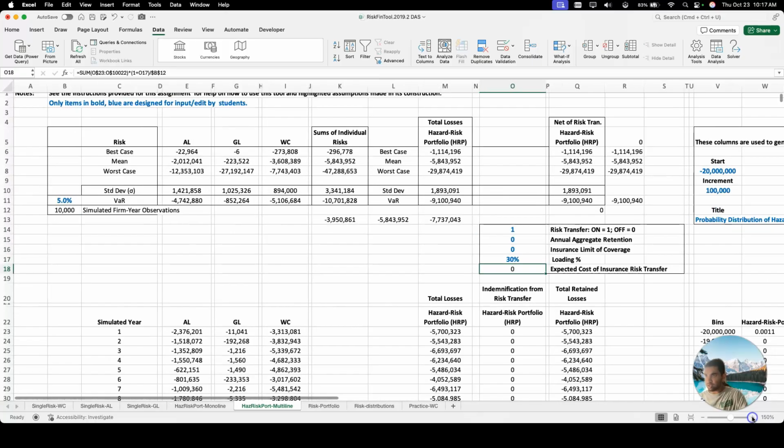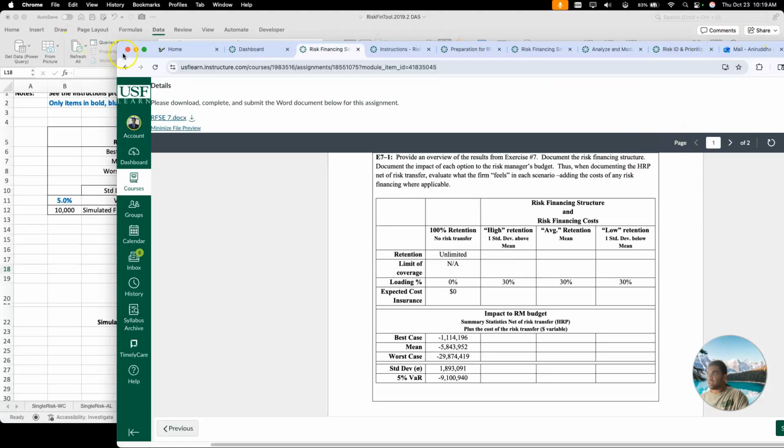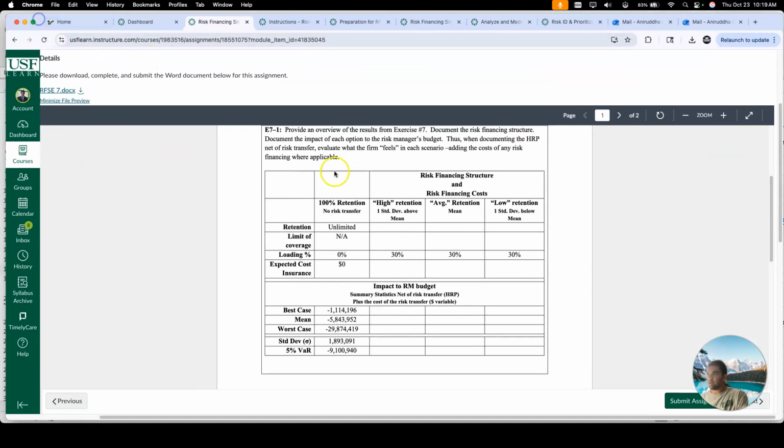Let's get a little closer. As you can see here, we're looking at this total losses hazard risk portfolio in the multi-line section. There's mean, worst case, and best case, and I've already done the math. In the assignment, we can see high retention, average retention, and low retention.